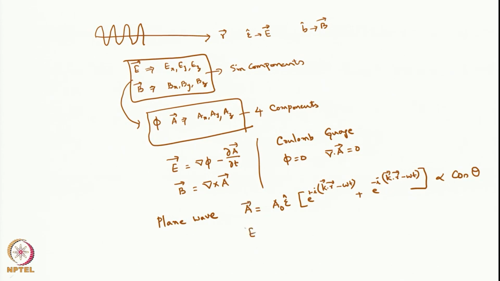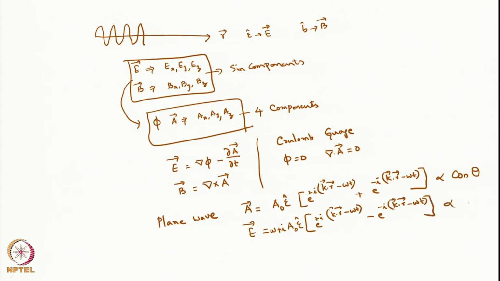So, E will be equal to i A naught epsilon, times omega, into e to the power of minus i (k dot r minus omega t) minus e to the power of plus i (k dot r minus omega t).